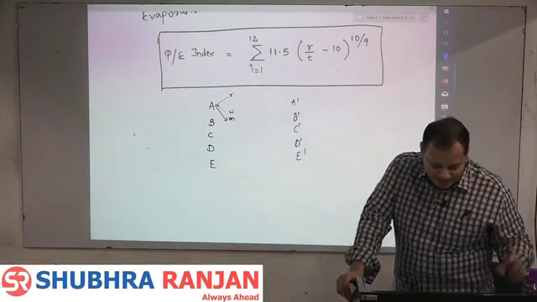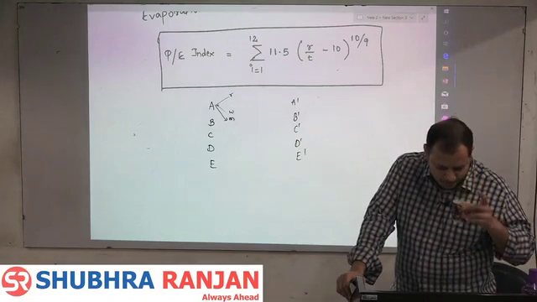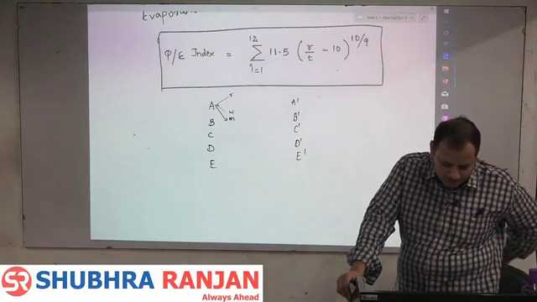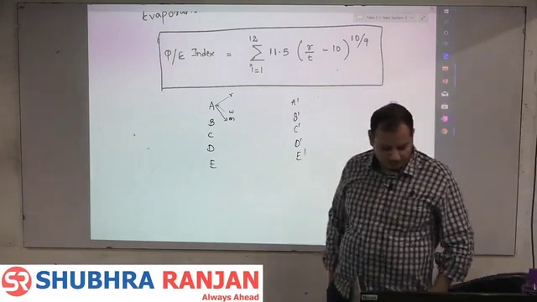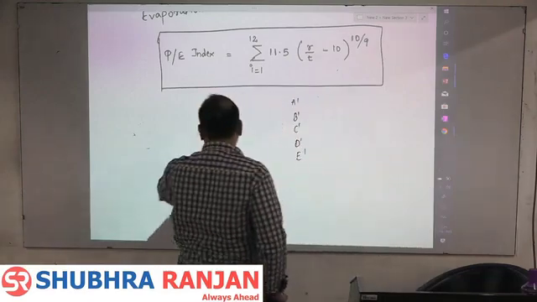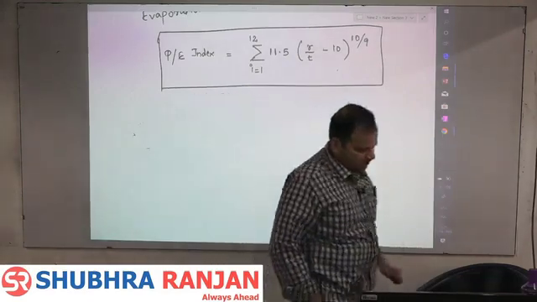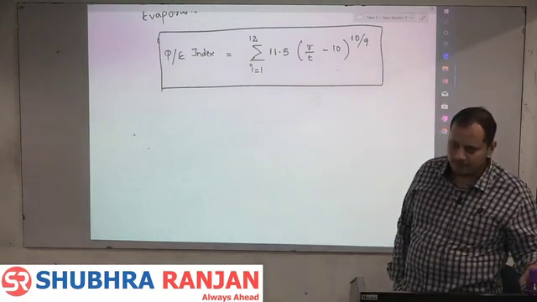So next, precipitation effectiveness. It is the amount of total precipitation which is available for plant growth.